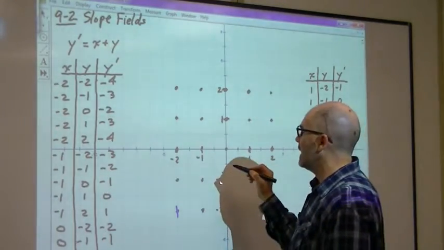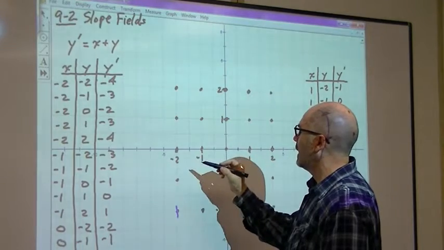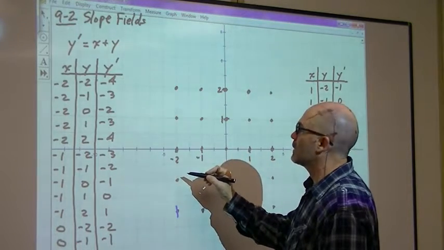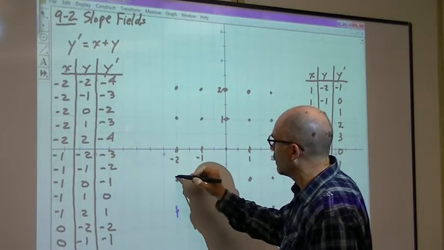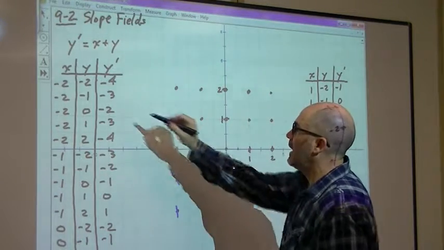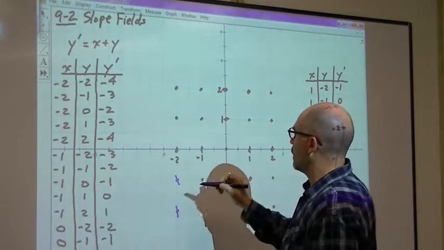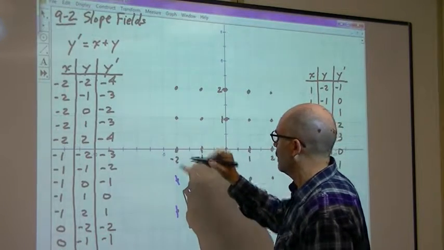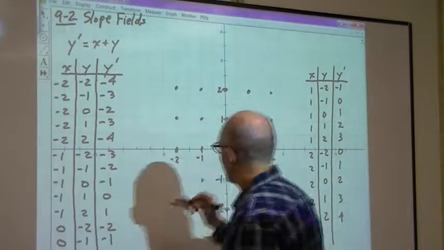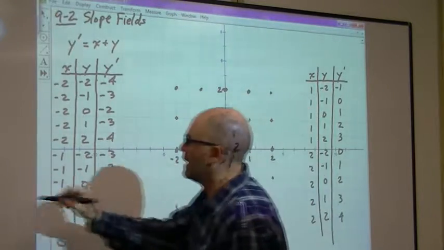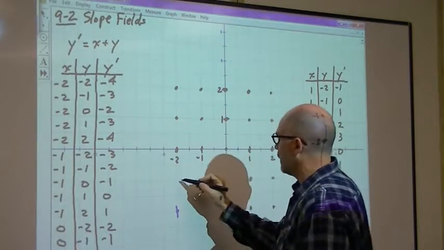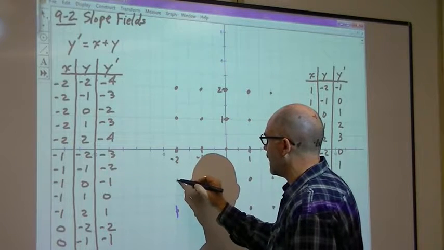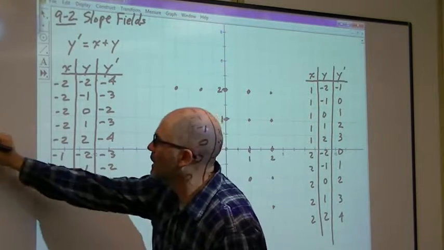Then at -2, -1, it's going to be a slope of -3, and at -2, 0, a slope of -2. I didn't quite make that steep enough. This is where it gets kind of difficult because the difference between a slope of -3 and a slope of -4 isn't that much.